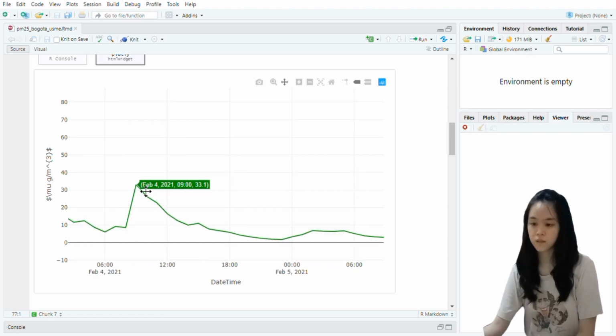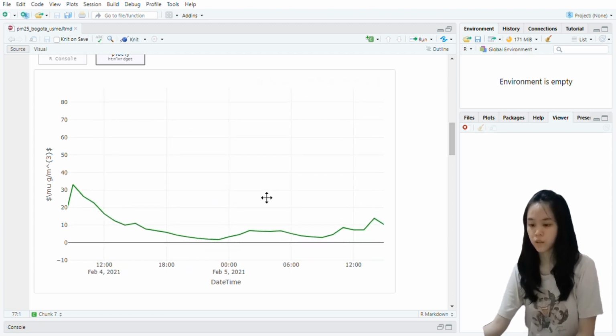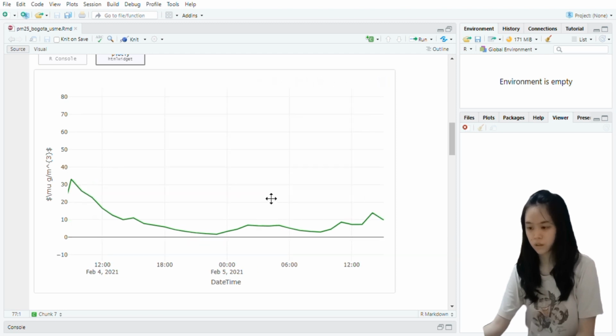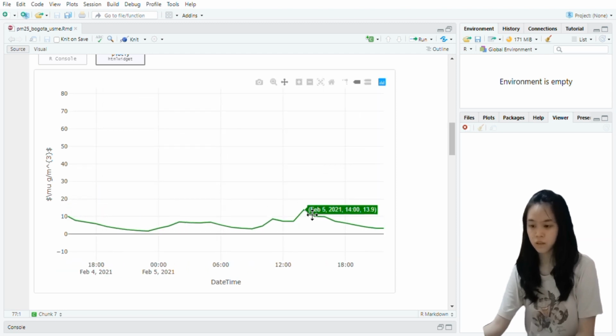So let's say that this is February 4th, 9 a.m., the first peak, and then it's not really clear when the next peak is. Maybe the next peak is here, the next day, 2 p.m. So it's even more than 24 hours.